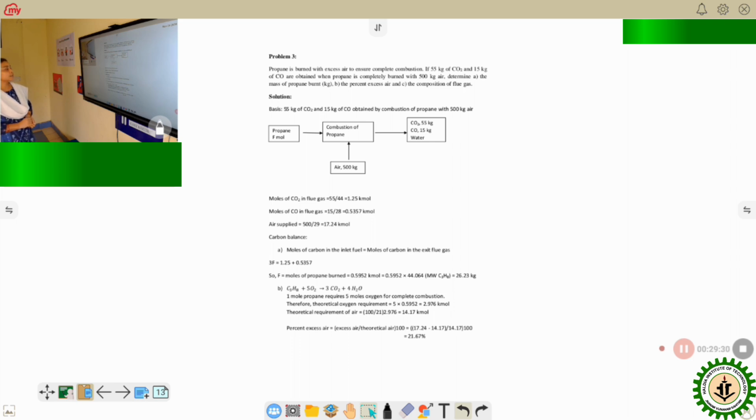So for the solution, the basis of calculation is 55 kg carbon dioxide and 15 kg carbon monoxide obtained by combustion of propane with 500 kg air. See the schematic diagram of the combustion process. The fuel is propane; consider F moles of propane supplied for the combustion.